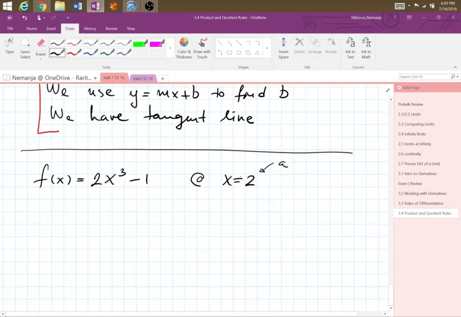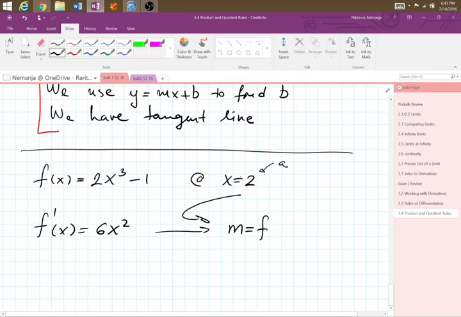So what's the procedure? We first find the derivative, which is 6x squared. From there, we write that m is equal to f prime at 2, which is 6 times 2 squared, which is 24. Are we all good on this so far? So find the derivative and then plug a into that derivative to find the slope. So now you have that m is 24.